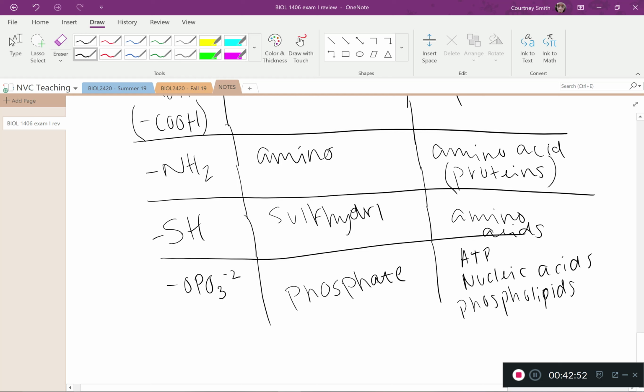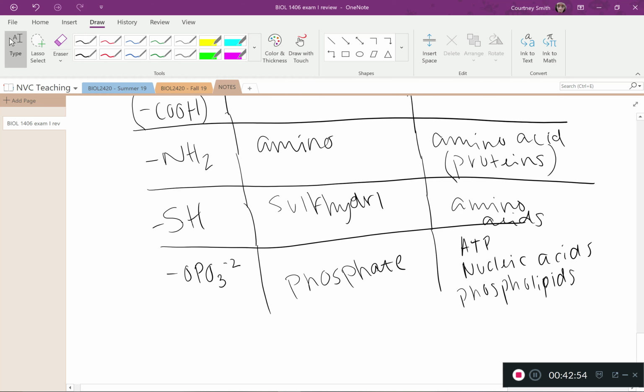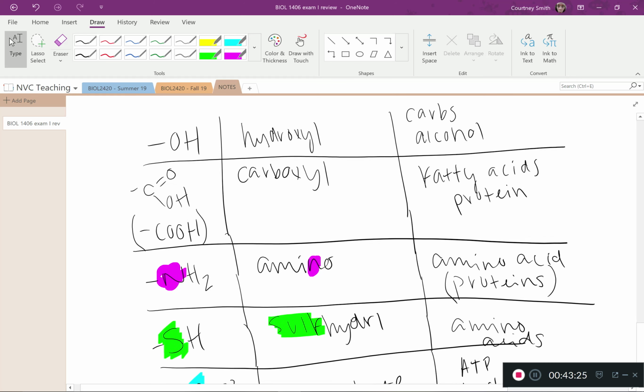So an easy way to remember these guys, the three easiest ones to remember: amino, there's an N, there's a nitrogen. Sulfhydryl, sorry guys, I can't say it. This guy has sulfur, he has an S in it. And lastly, phosphate, P. Those are the three easiest ways to remember at least these guys. The other ones, create your own little mnemonics or anything that works for your brain.